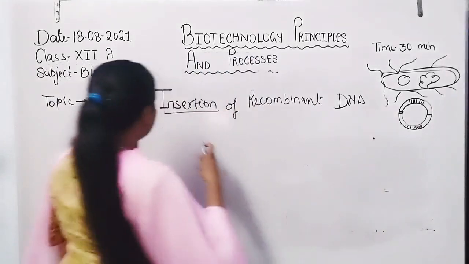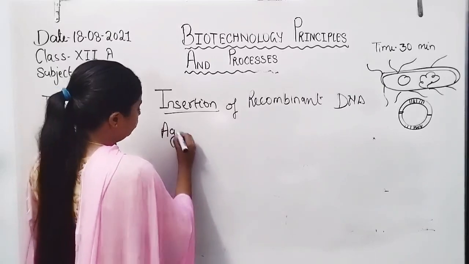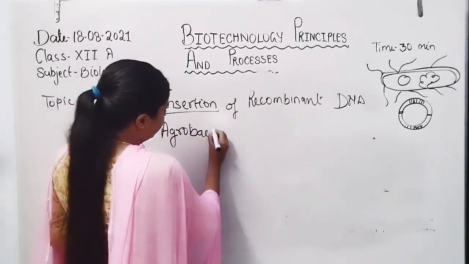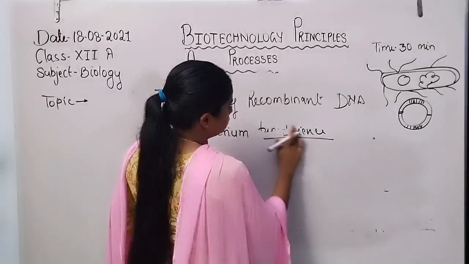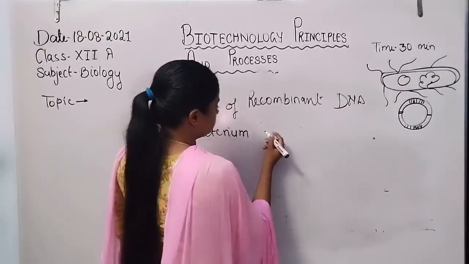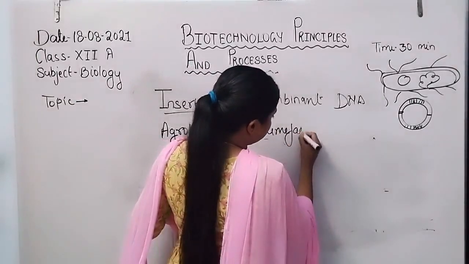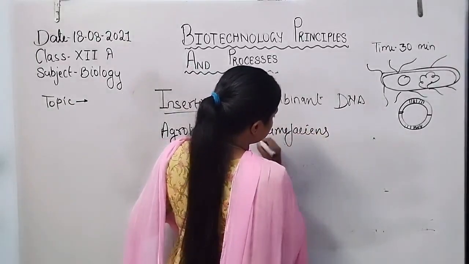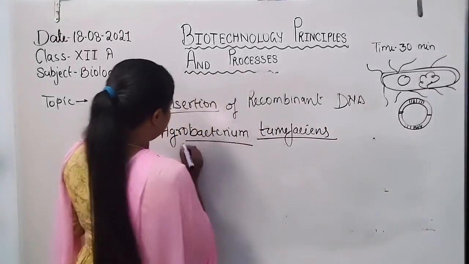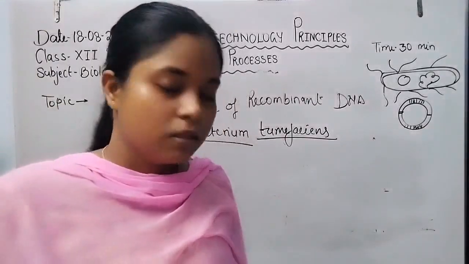How is Agrobacterium used? Agrobacterium tumefaciens is used for the transfer of our genetic material.